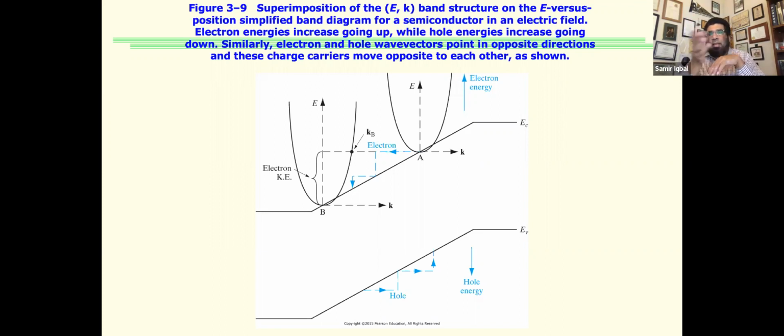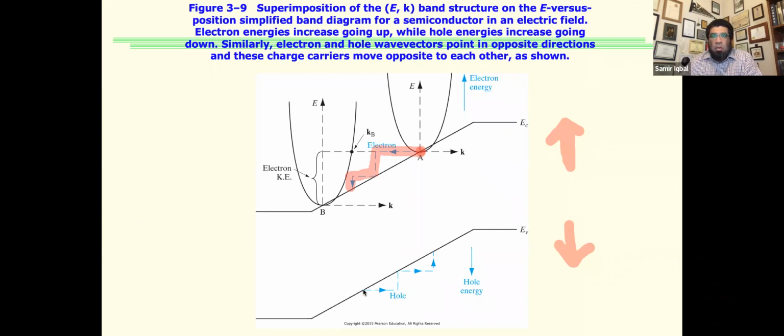So here is an example: if there is an electron located at this position, it's high energy, so it will travel and try to come to a lower energy level, because up, as I told you before, is higher in energy for the conduction band, and lower is higher in energy for the valence band.